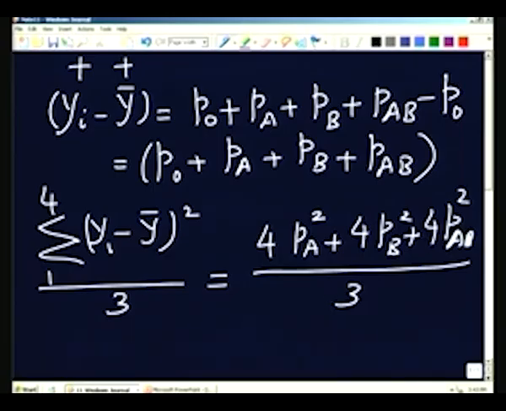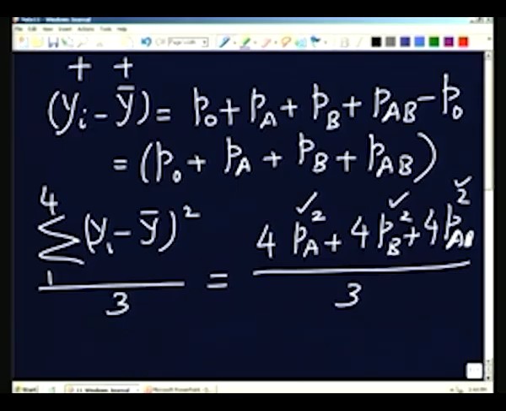So, the variance of the sample, or sigma y squared, has contributions of 4 by 3 PA squared, 4 by 3 PB squared and 4 by 3 PAB squared. Therefore, the coefficients are going to give an idea as to what is their role in the outcome of the experiment.